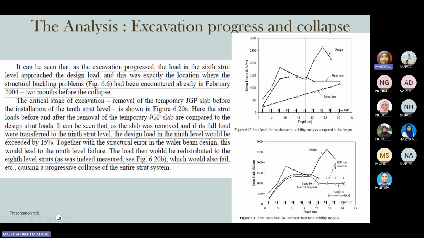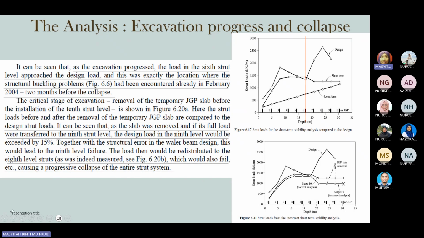Together with the structural error in the wall beam design, this would lead to the 9th level failure, and the load would then be redistributed to the 8th level strut, as was indeed measured, which would also fail, causing a progressive collapse of the entire strut system.